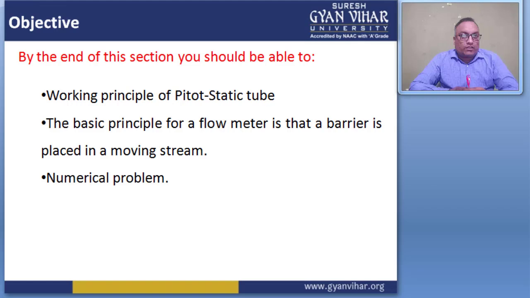These are the lecture objectives, which give the benefit to the students who are listening to this lecture. By the end of this section you should be able to understand the working principle of the pitot static tube, how to measure velocity in air, and the basic principle of flow metering devices such as the flow meter, venturimeter and orifice meter.